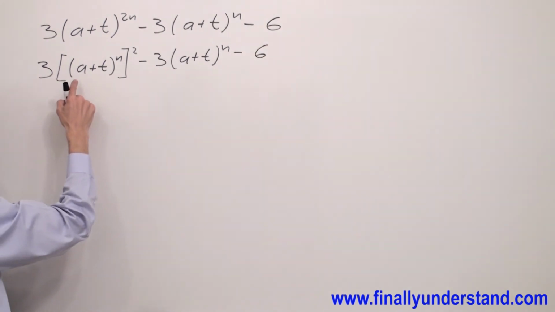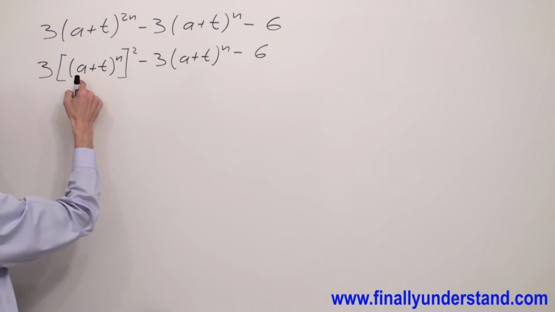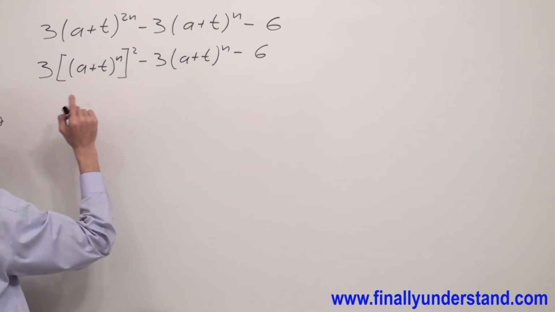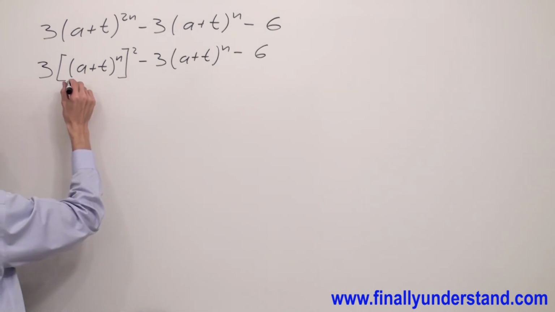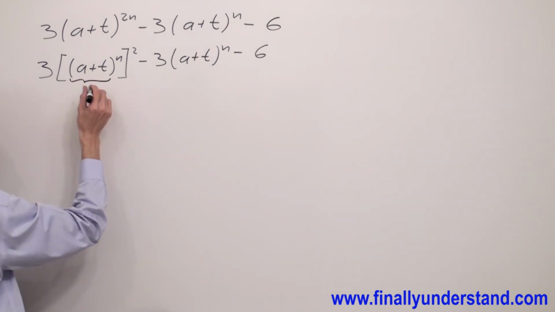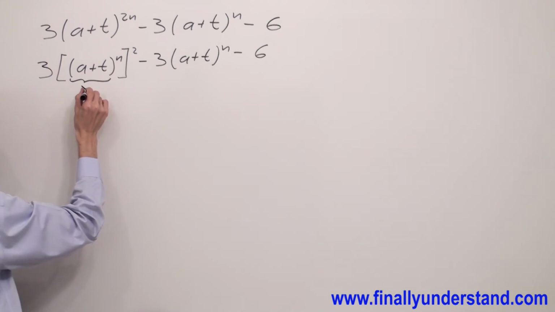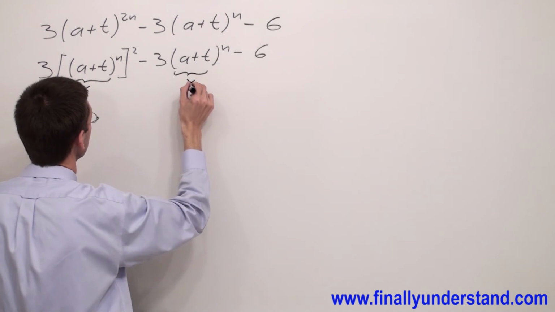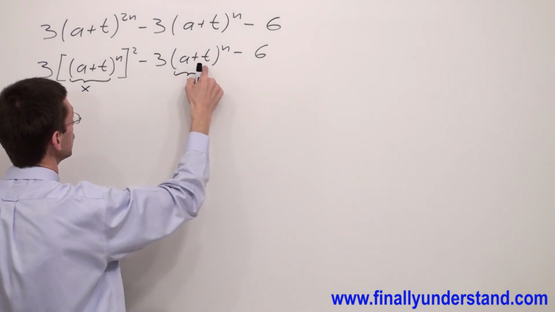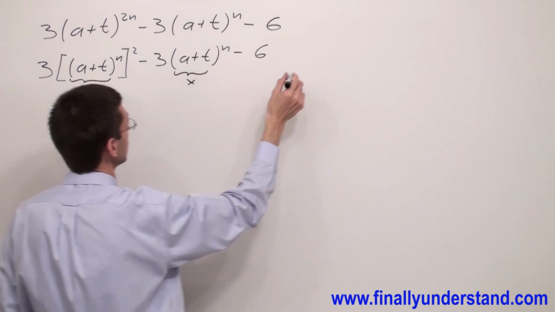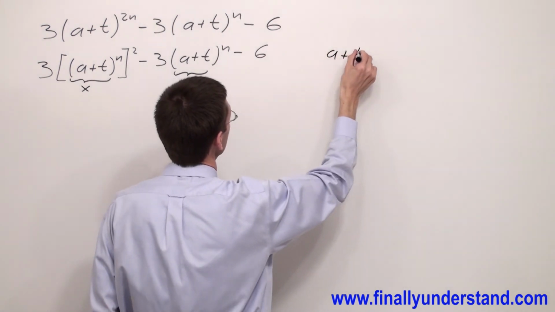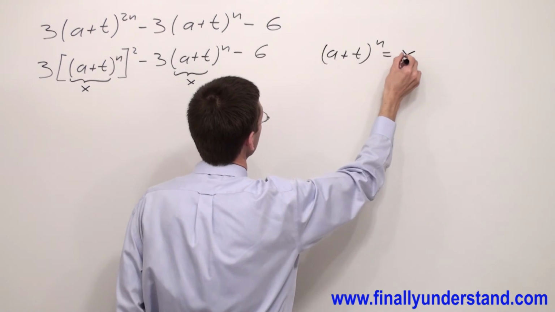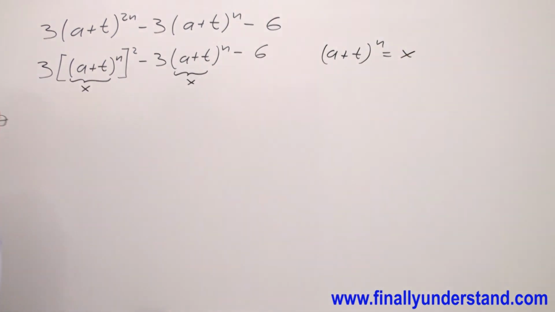Now, please notice that we have a plus t to the n power and a plus t to the n power. In order to make this problem look simpler, I'm going to assume that this is my x and this is my x. I mean a plus t to the n power. Just write this down. A plus t to the n power is equal to x, just for a moment.